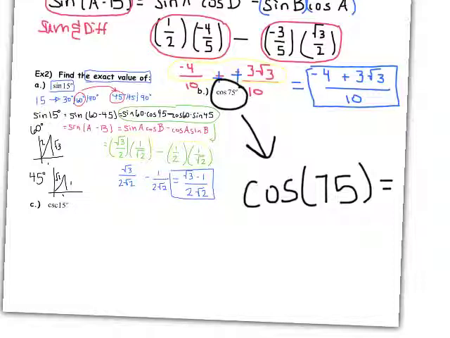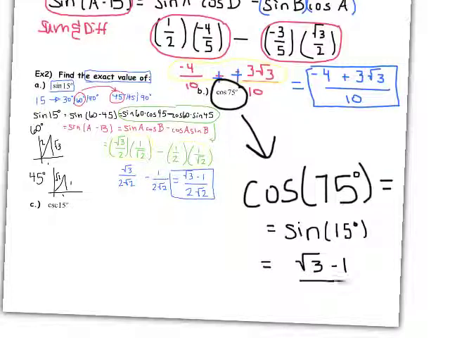So when I think about 15 and 75, I automatically think about cofunctions. And I know that cosine of 75 is equivalent to sine of 15. Since I already found that answer, it must be that same answer: root 3 minus 1 over 2 root 2.